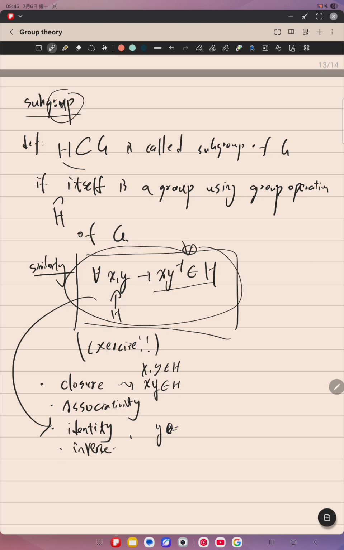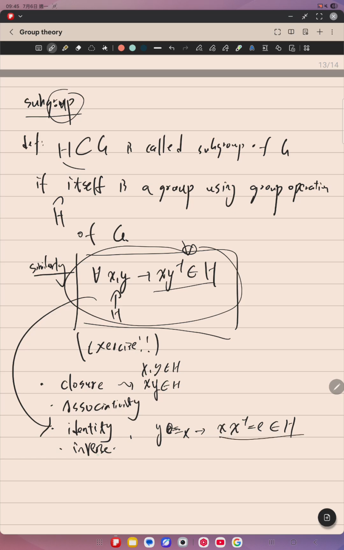If you take y to be x, then the condition tells you that x times x inverse, which is the identity, is already in H.